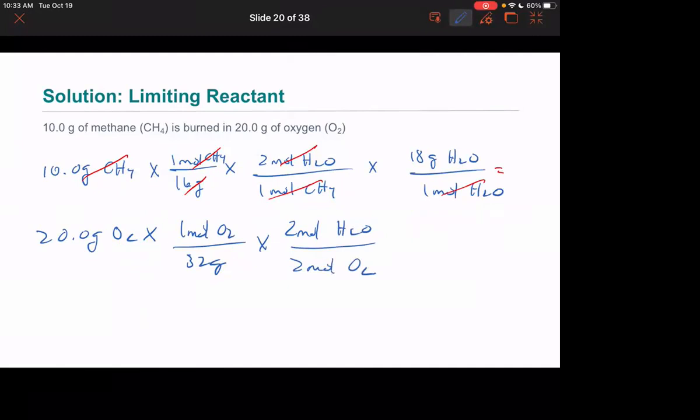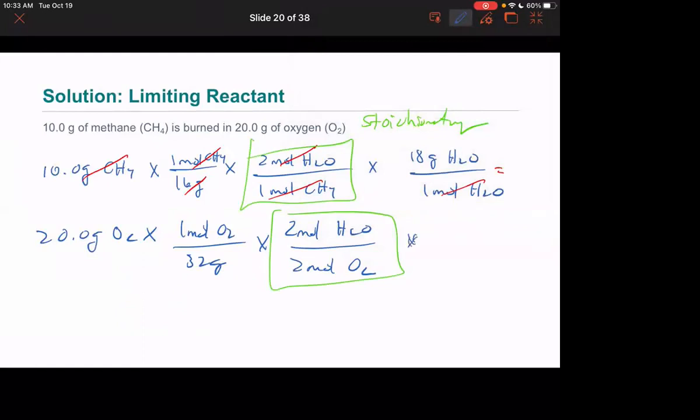So these two right here, these are our stoichiometry relationships. Times, and the last one's the same too, 18 grams of H2O for every 1 mole of H2O.